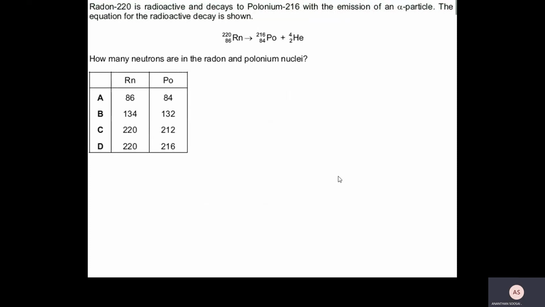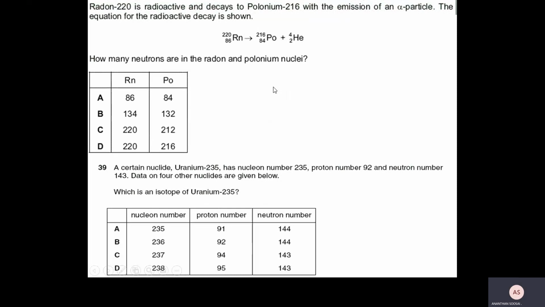So how many neutrons? Just subtract, right? So what's the answer, everyone? B and D. Which one? B. So the nucleon number minus the proton number gives you the neutron number. I think you should know. Okay, next. Let's move on to the second.